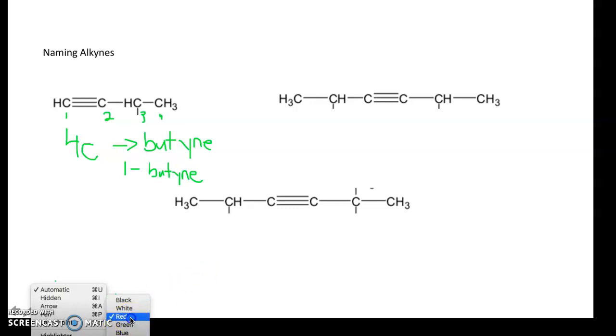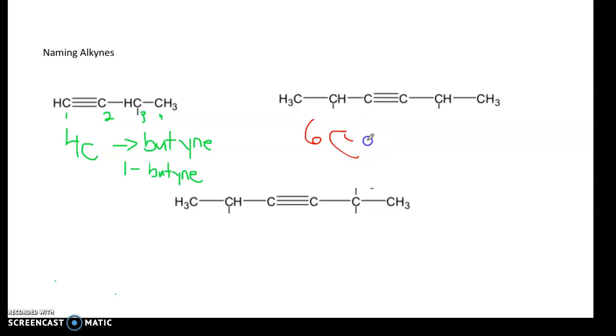So, once again, I'm going to count how many carbons I have. 1, 2, 3, 4, 5, 6. I have 6 carbons. Let me write my C like a C. So the prefix for 6 carbons, let me pull up my reference table again. The prefix for 6 is hex, like a hexagon, right?